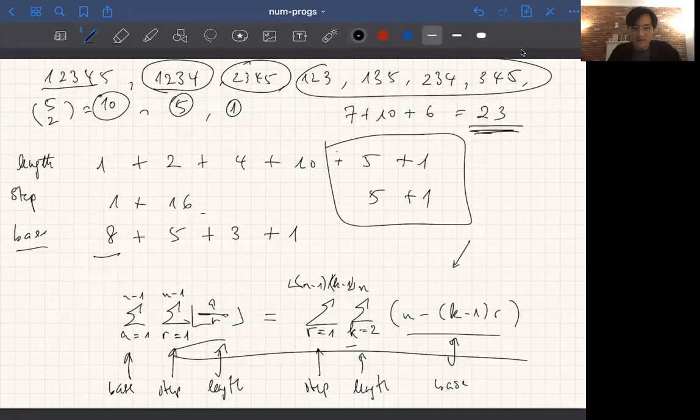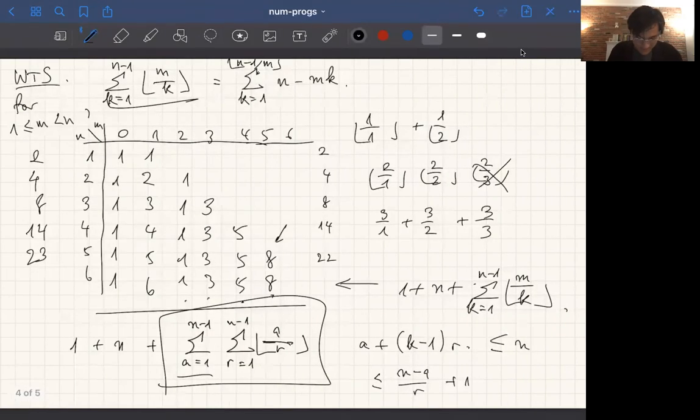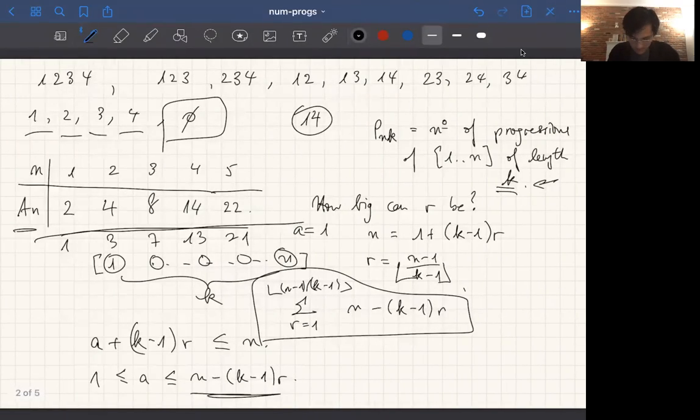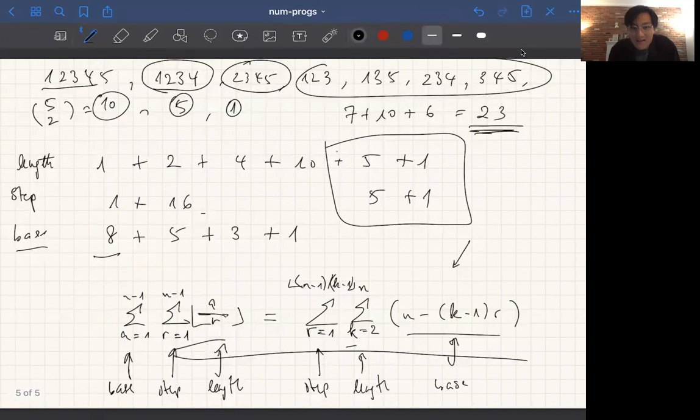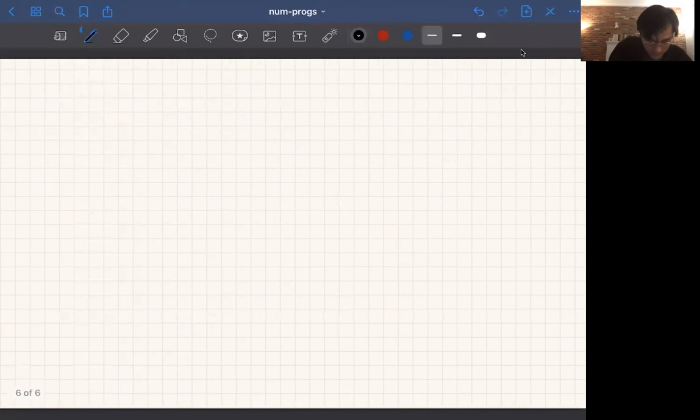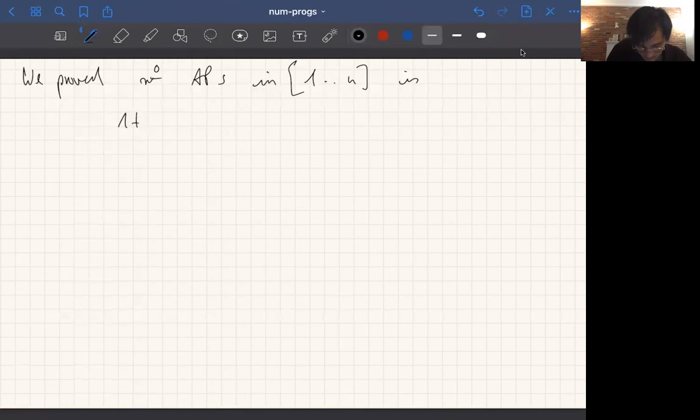Okay, so I think we've done it. We've proved that the number of arithmetic progressions in 1 through n is 1 plus n plus the sum of a equals 1 to n minus 1, r equals, or k equals 1.